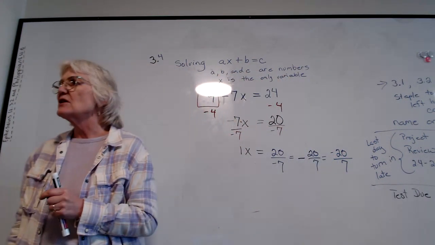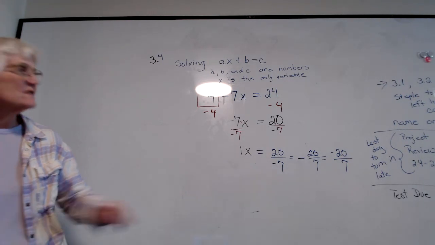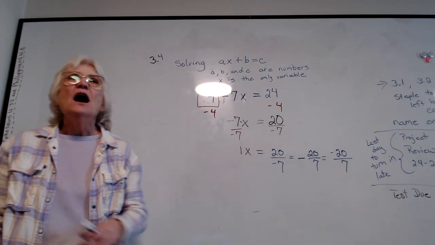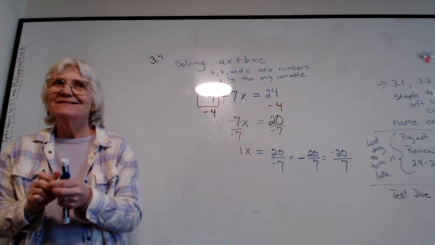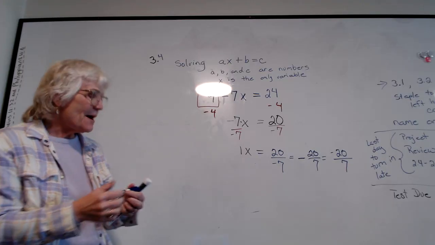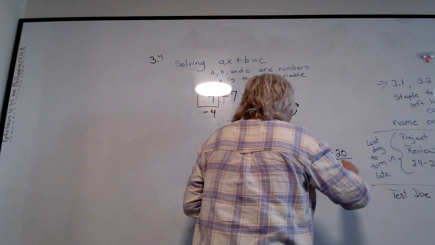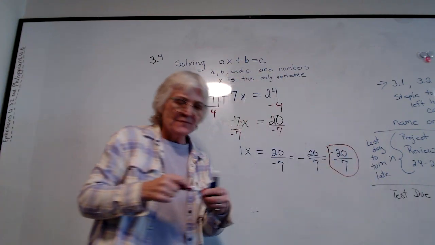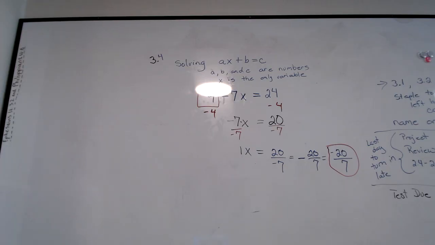All three of those are identical. All three of those are the same answer. I will say which one I prefer. I happen to prefer this one. I prefer the negative always to be written in the numerator.